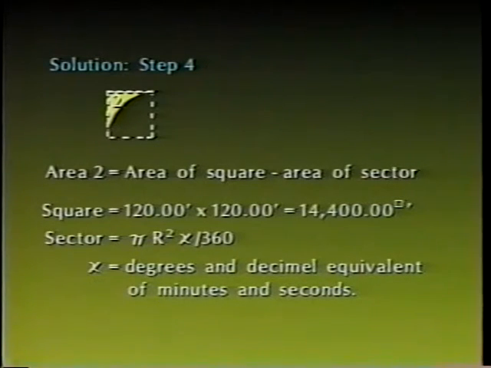For the sector, we have pi r squared times x over 360. X equals degrees and decimal equivalent of minutes and seconds. So therefore, from the given, we know it's a 90-degree delta. The sector would be 3.1416, or pi, times 120 squared, the radius, times 90 over 360, which would give us 11,309.76 square feet.